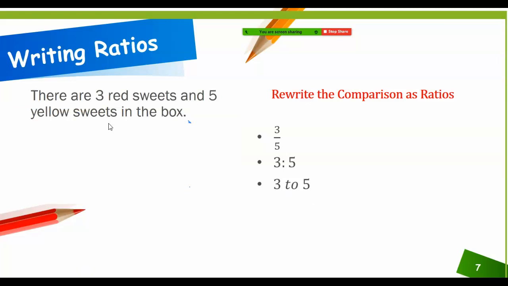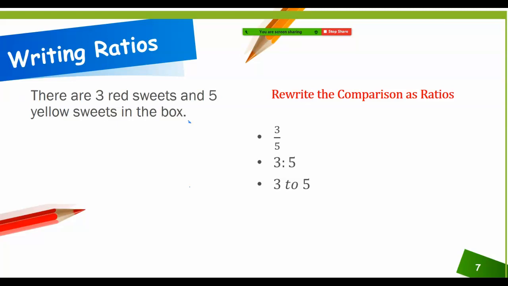We might also talk about it as an example with treats in a box. So if I give you a bag of candy and I say, all right, there are 3 red candies and 5 yellow candies, what's the comparison of red to yellow? 3 to 5.